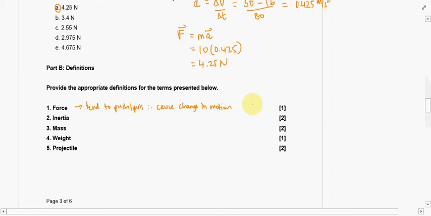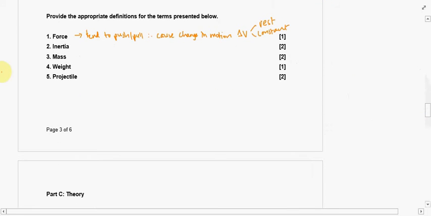A change in motion implies that there is some kind of change in velocity. Something could have been at rest, or moving at constant velocity, or the velocity can be changing. So that's in essence what the definition of a force entails.